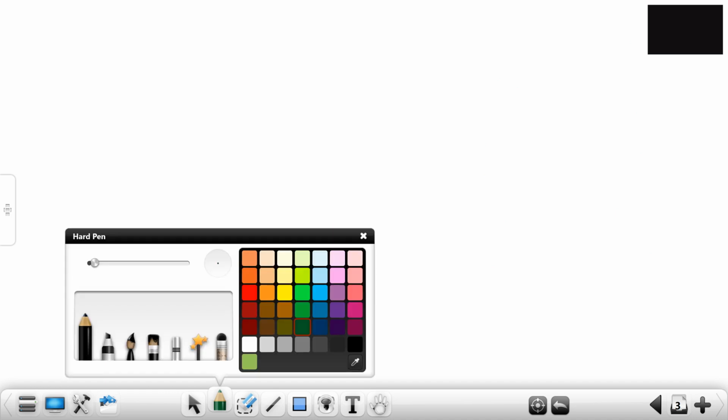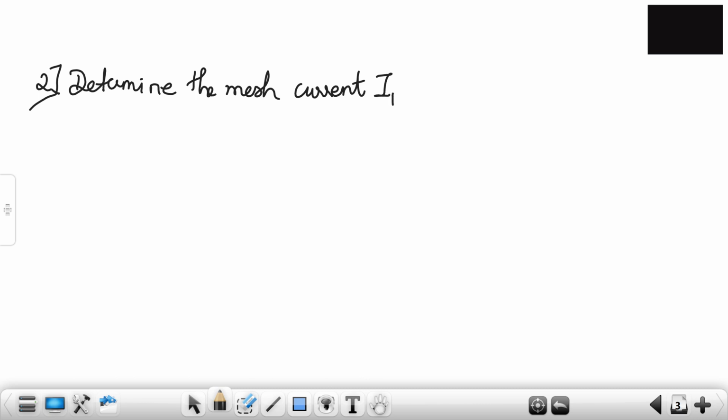Let's go to the next mesh current problem. Determine the mesh currents. Determine the mesh current I1 in the circuit.